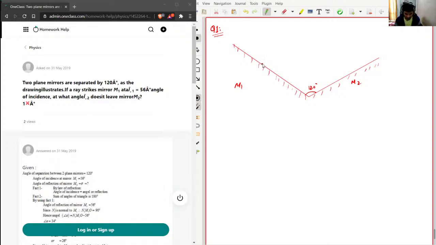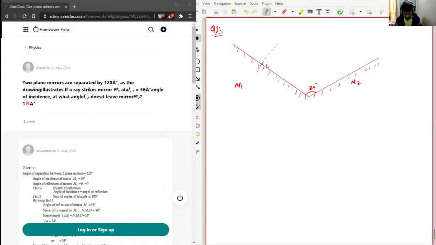So what we do is that we first make a normal here. I'll just make this normal with blue color. So this angle is going to be 90 degrees, and I'll make the ray with the black color.